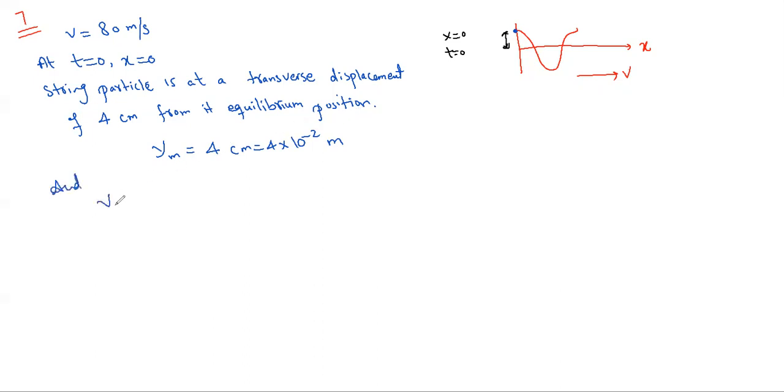And the transverse speed at x is equal to 0 is 16 meter per second. Now I can also write this as v of t evaluated at x is equal to 0. Both are equivalent notations.